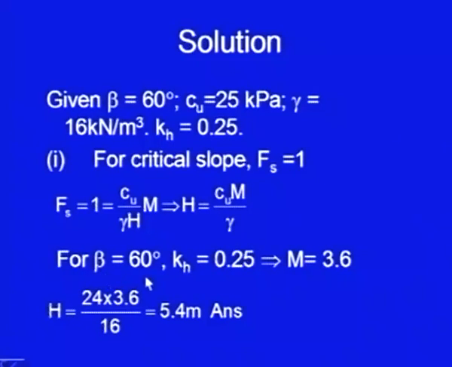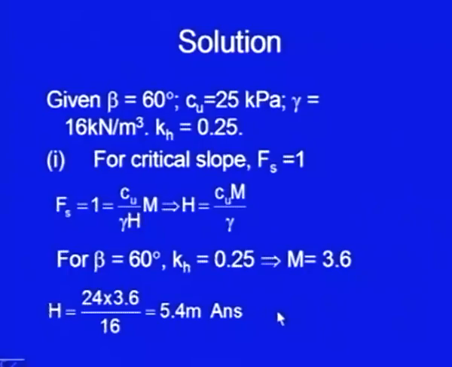For beta equal to 60 degree and Kh equal to 0.25, I have previously shown you the curves, and for beta equal to 60 you can directly get the value of m, and beta is more than 50 here, so it is the toe failure case. So, m is equal to 3.6. When you put it in this equation, you will straightway get 5.4 meter.